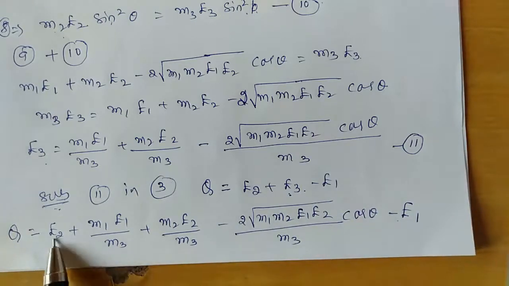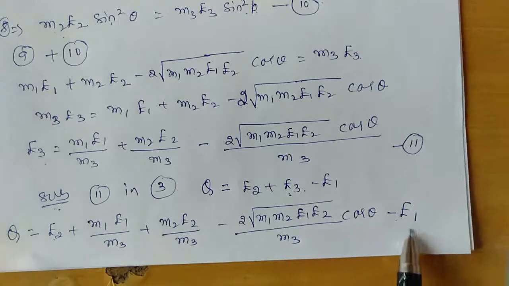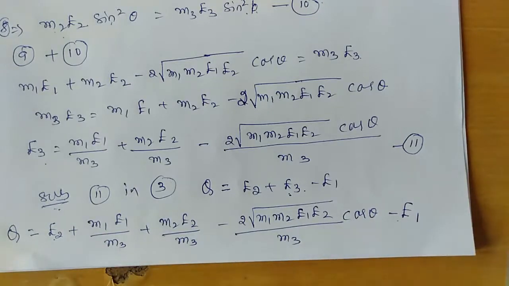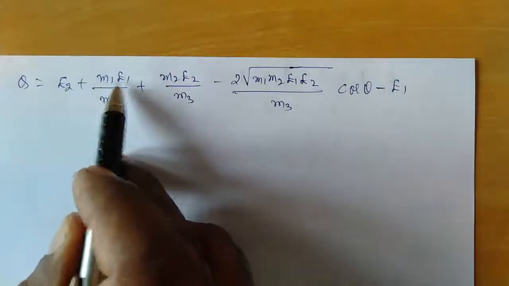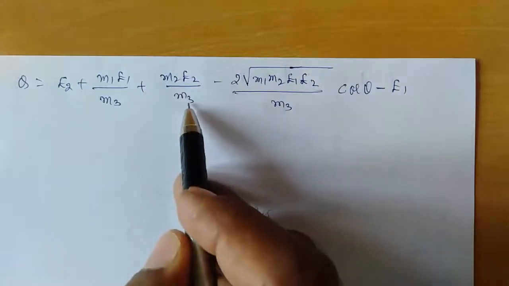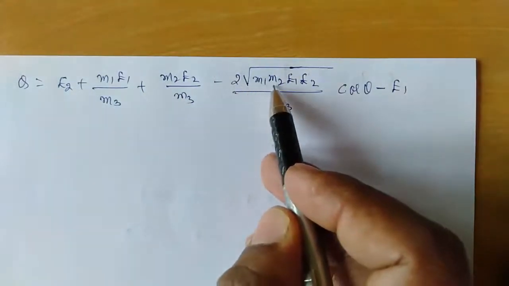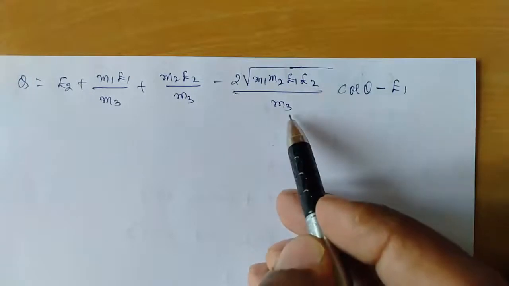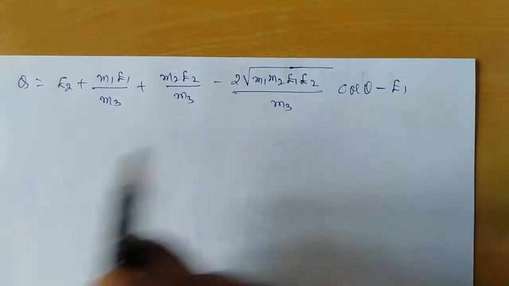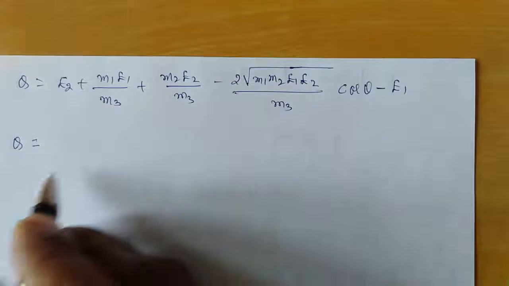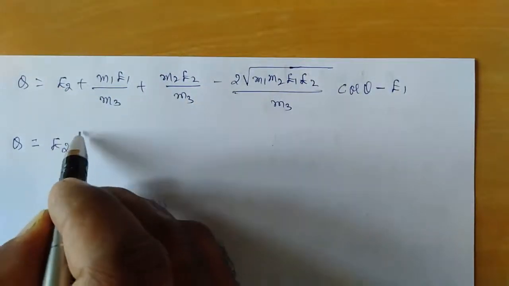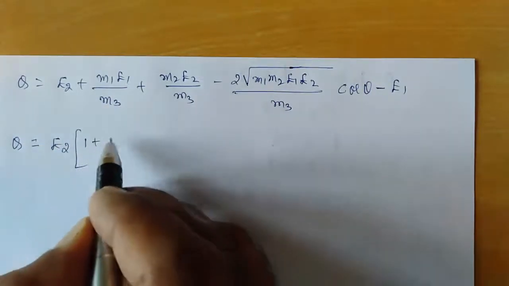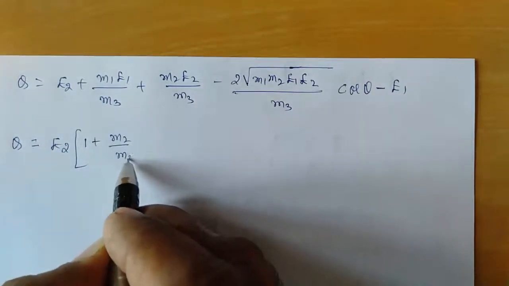Now here we have e2 and here we have e1, so let us simplify these terms to get the next equation. Our previous equation was Q is equal to e2 plus m1 e1 by m3 plus m2 e2 divided by m3 minus 2 into square root of m1 m2 e1 e2 divided by m3 into cos theta, minus e1. In these terms e2 is common, so I take out e2 as common and the remaining terms will be 1 plus m2 divided by m3.